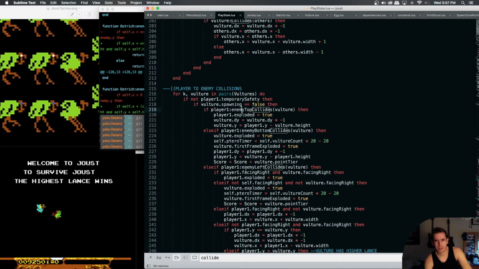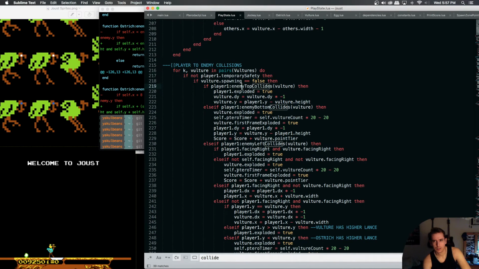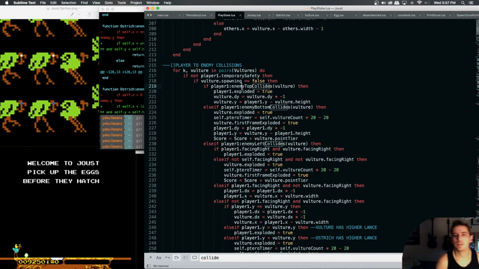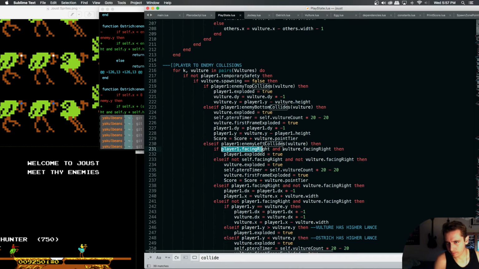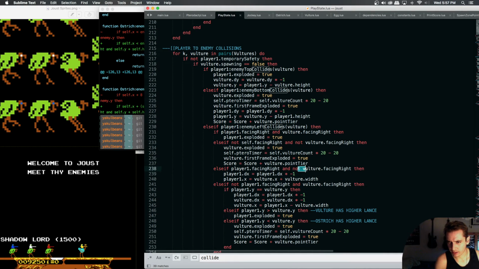Else if bottom, else if left collides. See, and this is exactly why I walked through all the conditions. We have facing right and facing right. We have facing left and facing left. We have right and left, and we have left and right.